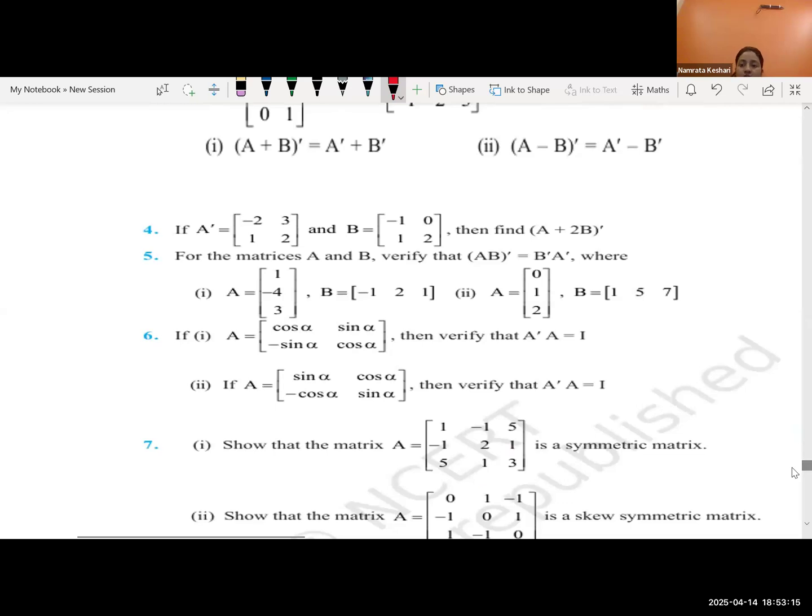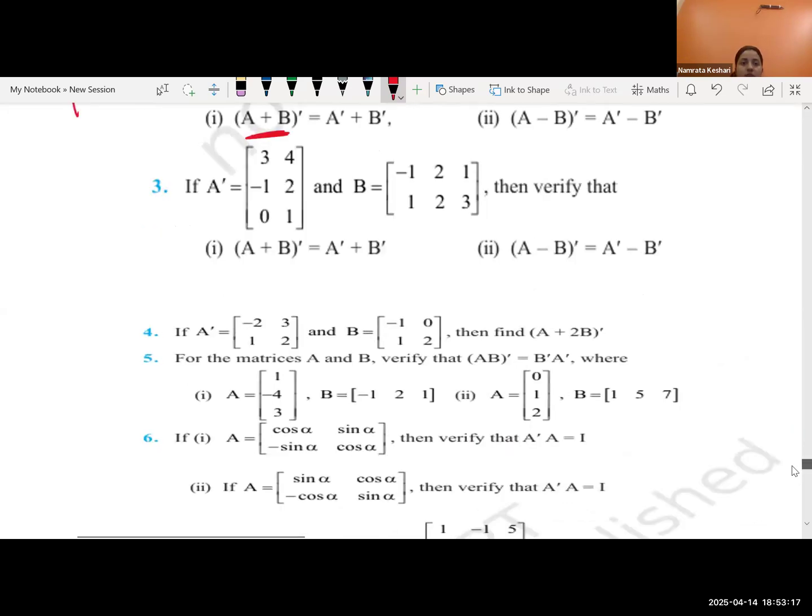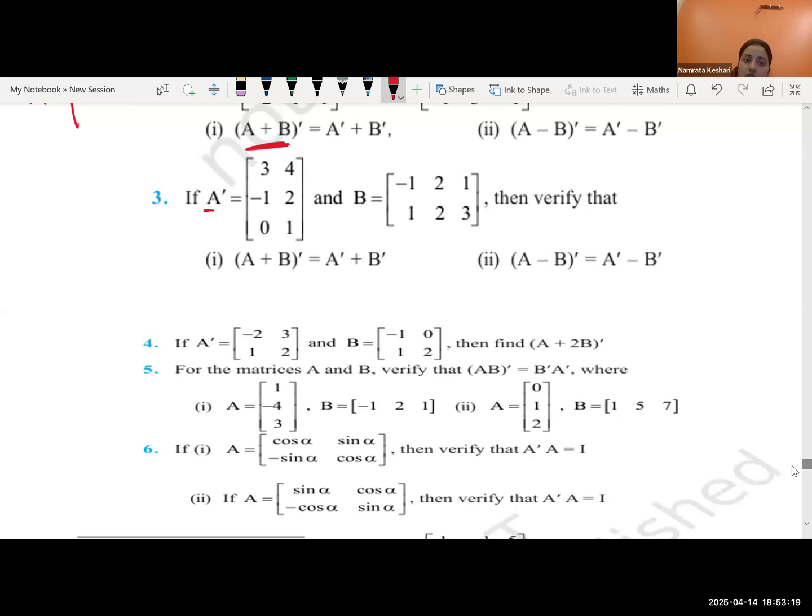Now this one, number 3. Here A transpose is given and B is given, and we are supposed to verify that A plus B transpose. See, how will we get A, Ibrahim? We don't have A, we have A transpose.